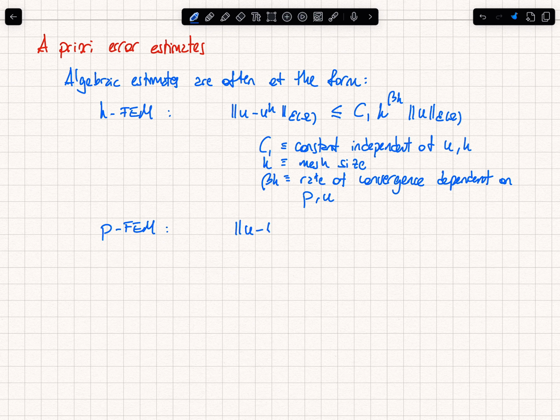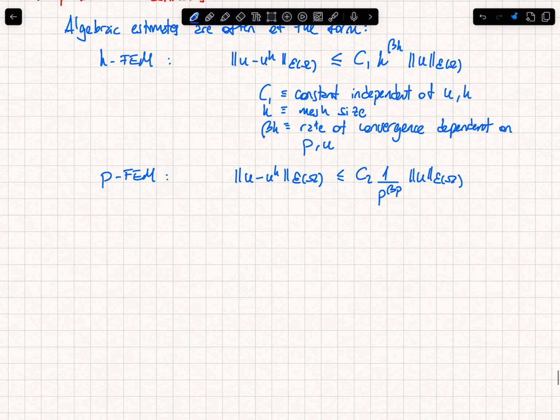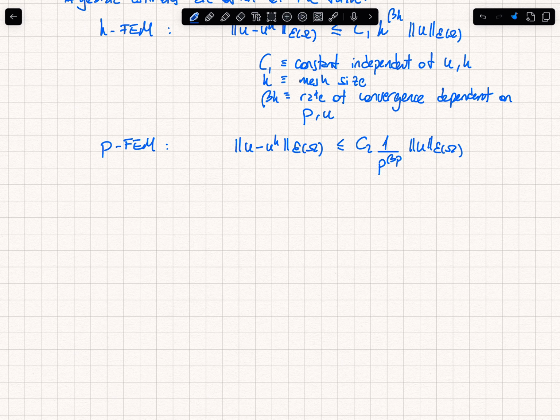For p-FEM, U minus UH, error in energy norm, is less than or equal to C2, which is again a constant, multiplied by 1 divided by p to the power of beta P, times the norm of U. And here again, C2 is a constant, p is the polynomial order, and beta P is my rate of convergence.